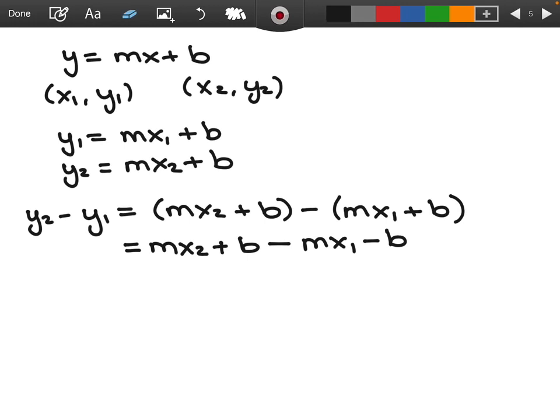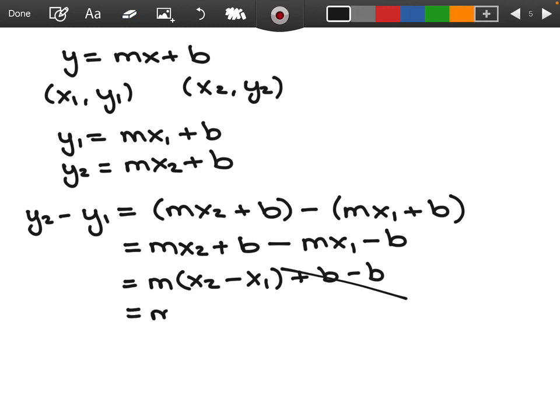I'm going to rearrange this and put all of my x terms together, so all of my x sub 2's and x sub 1's, and then draw out the m and put the b's together. So I can also write this like this. To start with, I've got plus b minus b. So that's actually going to cancel out, okay, to 0, which leaves me with m multiplied by x2 minus x1.